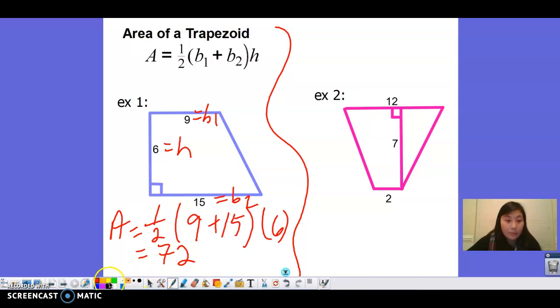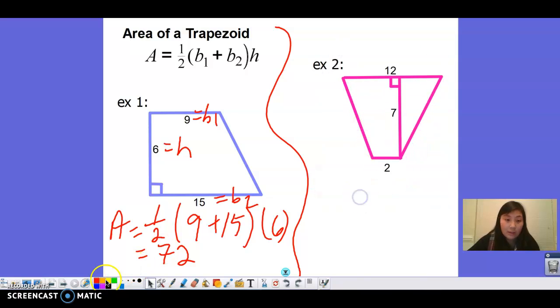Now in our example number 2, I'm going to go ahead and move this up a little bit. But in our example number 2, we still have our two bases in this. So we have that 12 is going to be our base, and then so is 2. So 12 can be my base 1, 2 can be my base 2, or again, vice versa.